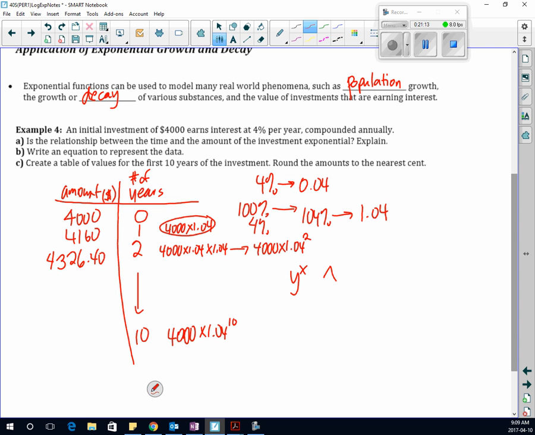That's the actual word on the keyboard for it, a caret. Some people even have an x to the power y button. So 4,000 times 1.04 to the power 10 gives me $5,920.98. Now, in the electronic world, we do have pennies, so all of our answers will be rounded to the nearest penny. This would be the exception to the correct to 3 decimal places.